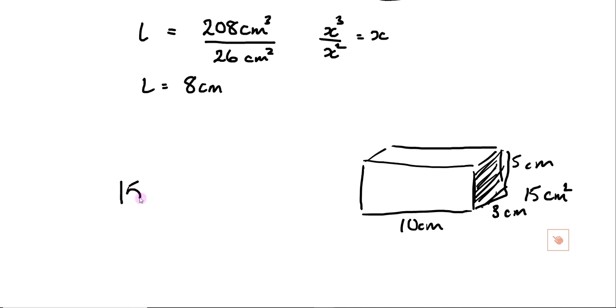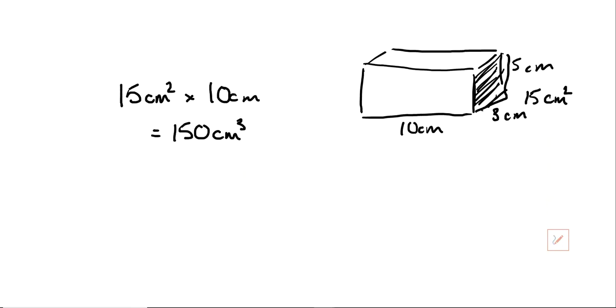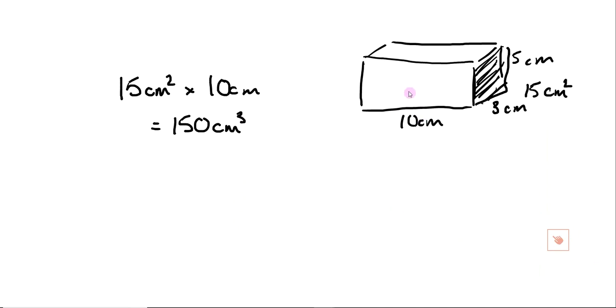So that's my cross section. Times 10 centimetres for length gives me 150 centimetres cubed. Now, would it have been any different if I'd used a different face? What if I'd used this one on the front? What would my calculation have been? 50.